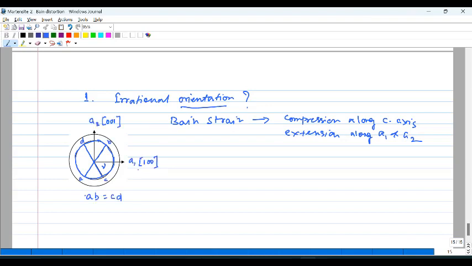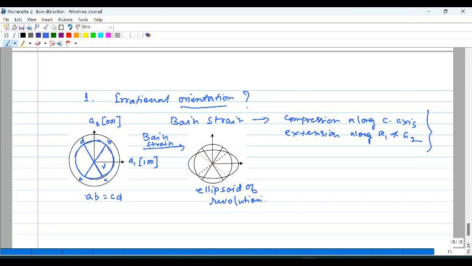Now if I do compression along the C-axis and extension along the other two on this sphere, what is going to happen to this sphere? It is going to turn into an ellipsoid of revolution. It is going to become like this, due to the Bain distortion.